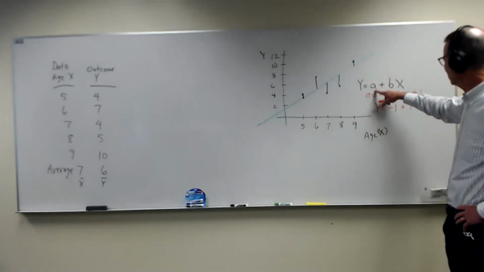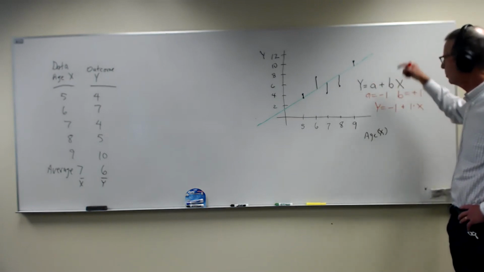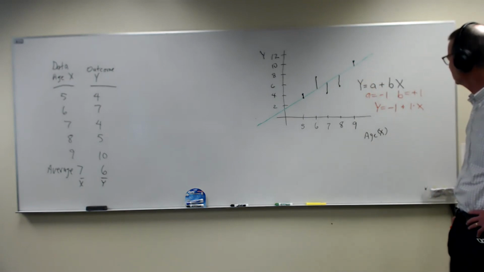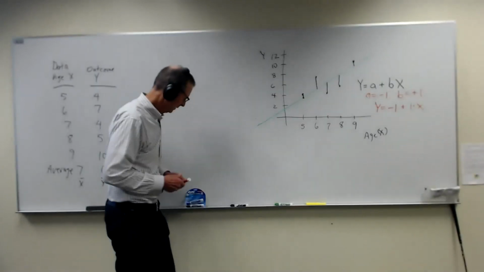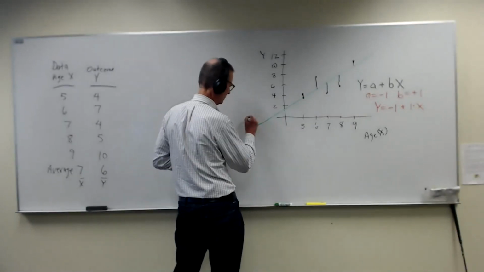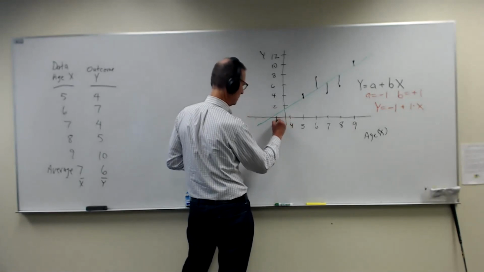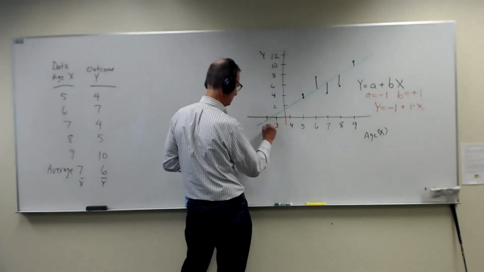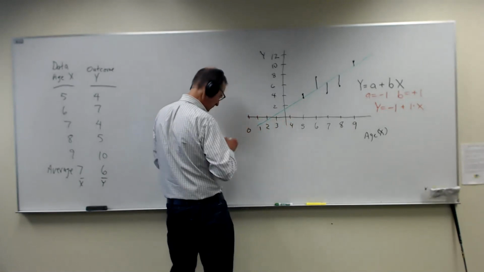Okay, so if we want to know what a is, the constant, we just find the value of y where x equals 0, the projected value of y where x equals 0. But the way we've got this thing scaled, x equals 0, this might be 4, 3, 2, 1, 0.